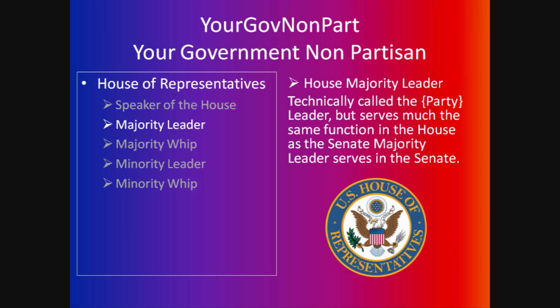The Majority Leader in the House, however, is simply referred to as the Republican Leader currently, or the Democratic Leader if they were in the majority, and his responsibilities, again, are to give guidance and direction to the members of his party.